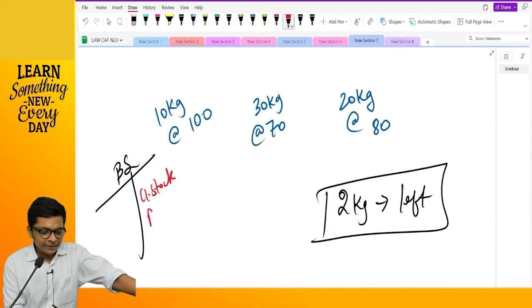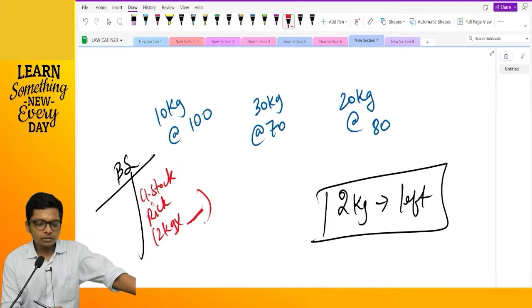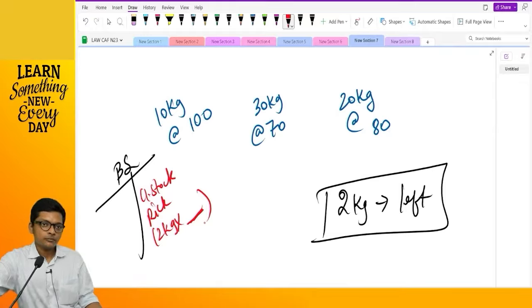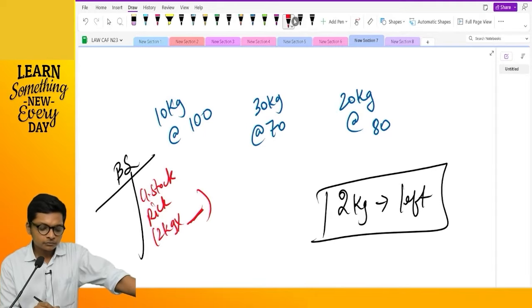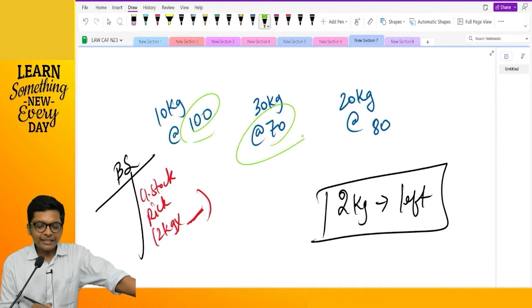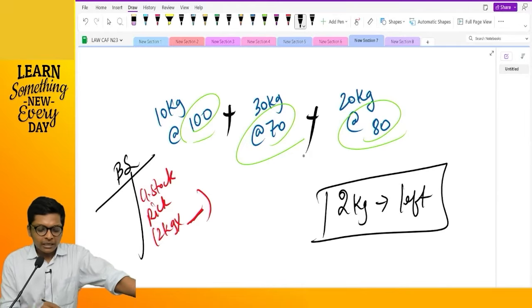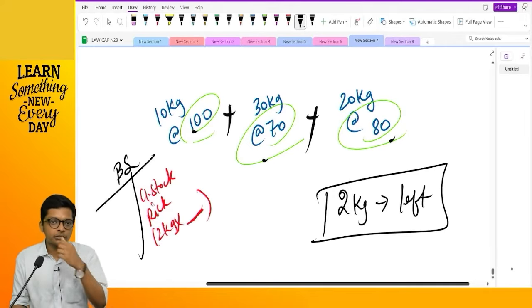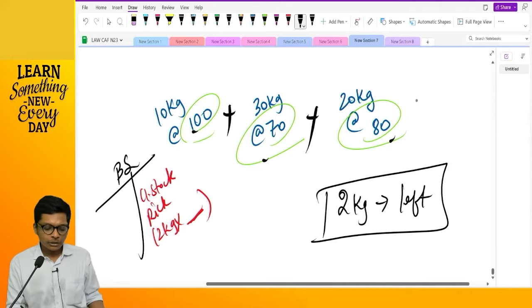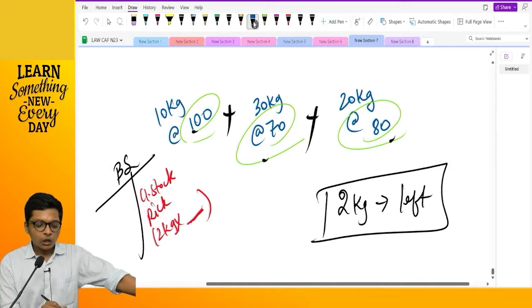My closing stock will be rice, 2 kgs into what price? Options are 100, 70, 80 or average of all three. 100 plus 70 plus 80, divided by 3, how much, guys?